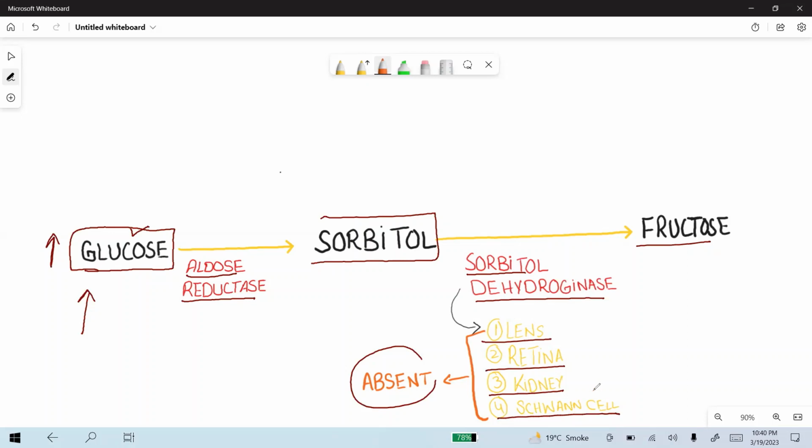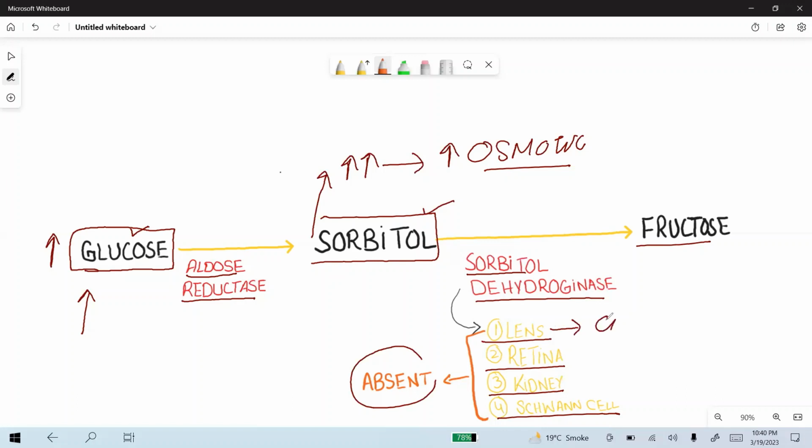So there is increased accumulation of sorbitol, which leads to increased osmotic damage to those structures. For example, in chronic hyperglycemia like diabetes mellitus, there is increased sorbitol. What happens in the lens?